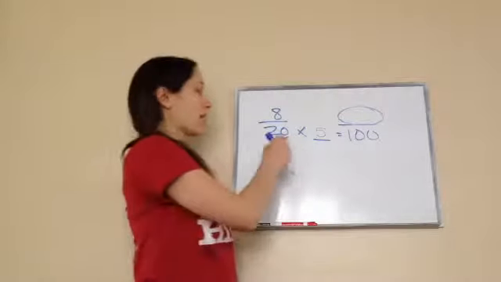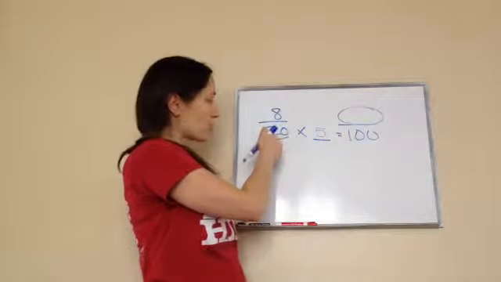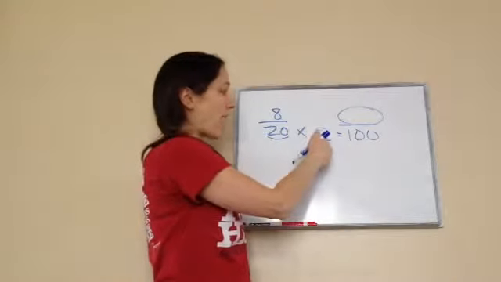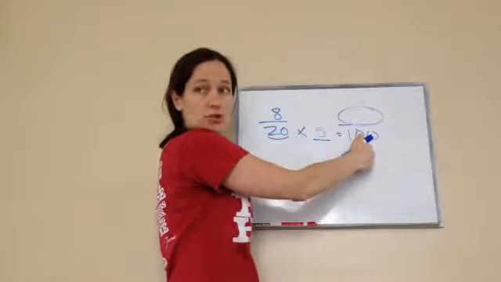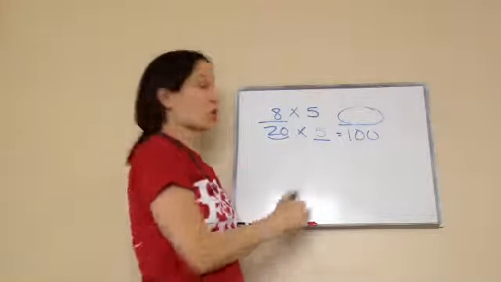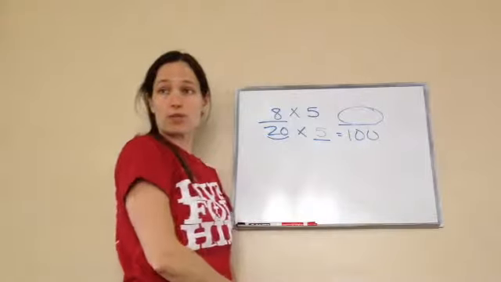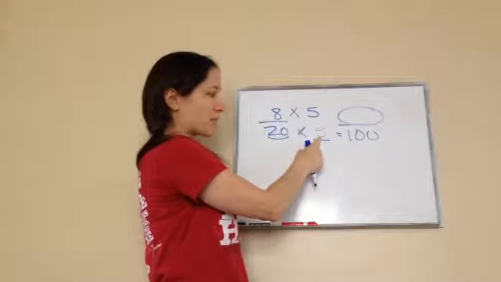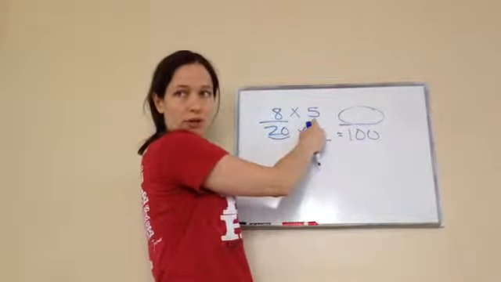Now, this is telling me that this 20 is now 5 times bigger, which gives it 100. So we're going to take this 8 and make it 5 times bigger so that we have the correct amount of percentage. Because I don't want to do this one 5 times bigger and this one 3 times bigger, because then they're not equal.